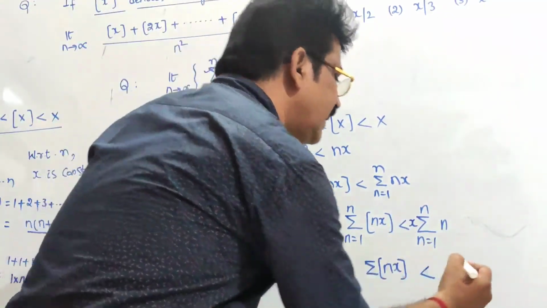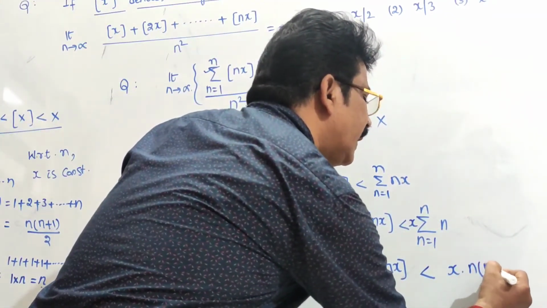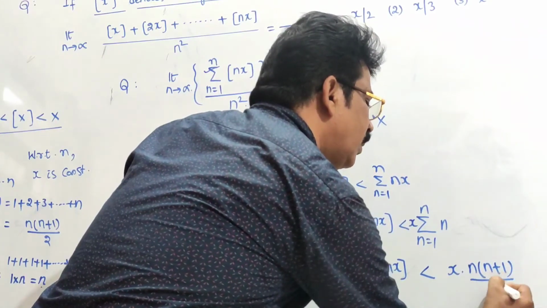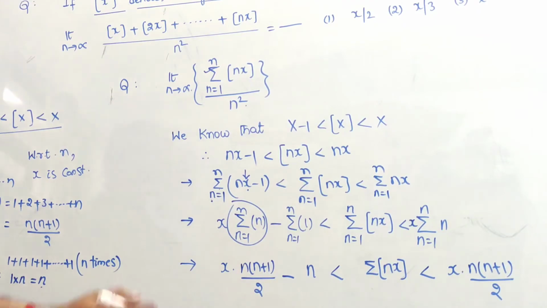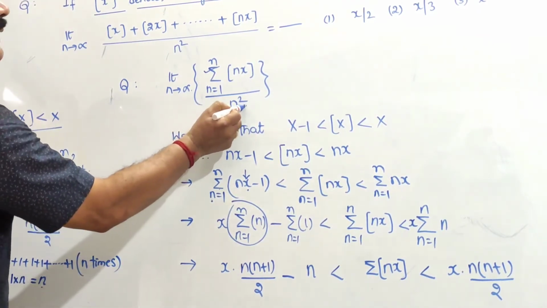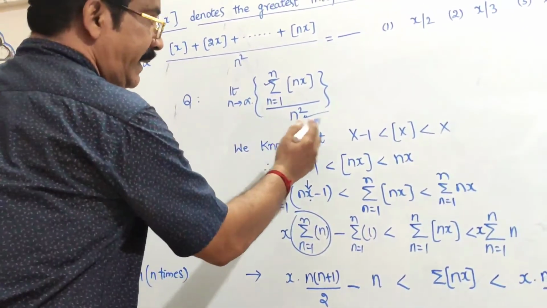Sigma n means n into n plus 1 whole by 2. Later, the whole thing is divided by n square.